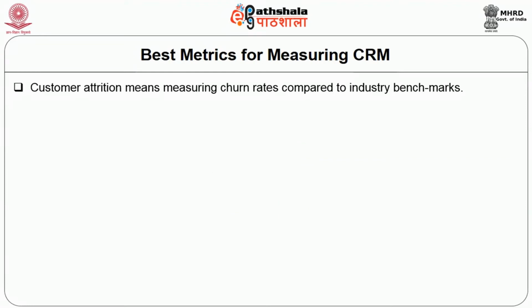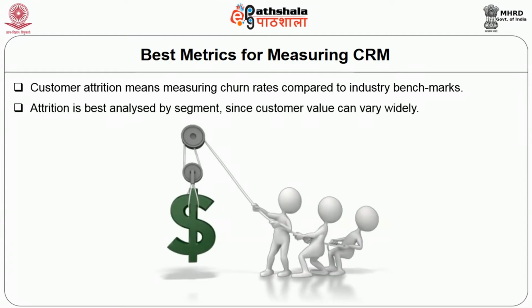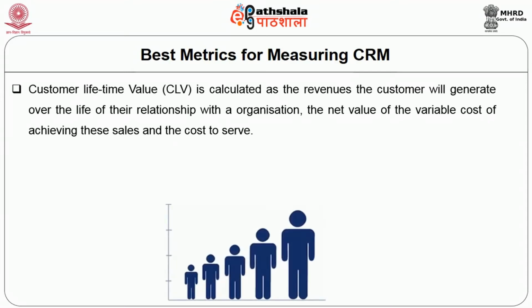Customer attrition means measuring the churn rates compared to the industry's benchmarks. Attrition is best analyzed by segment, since customer value can vary widely. The last one, customer lifetime value, which we shortly call CLV, is calculated as the revenues the customers will generate over the life of their relationship with us, the organization, net of the variable cost of achieving the sales and the cost to serve.